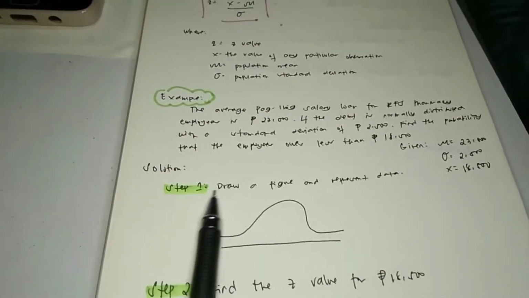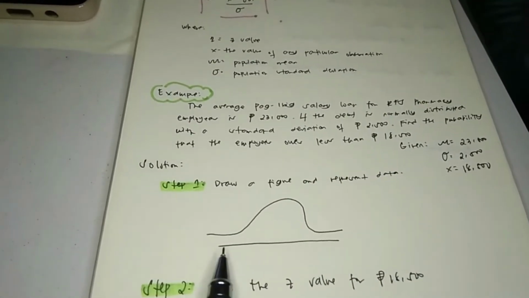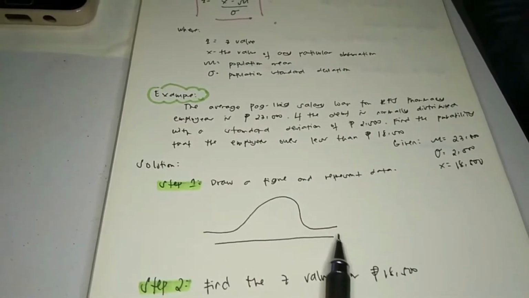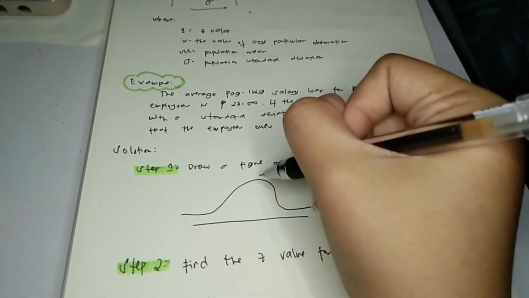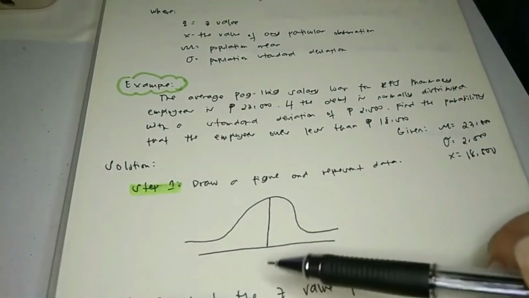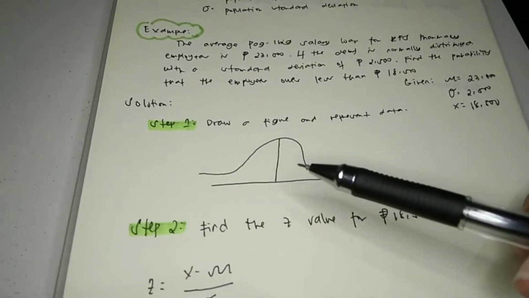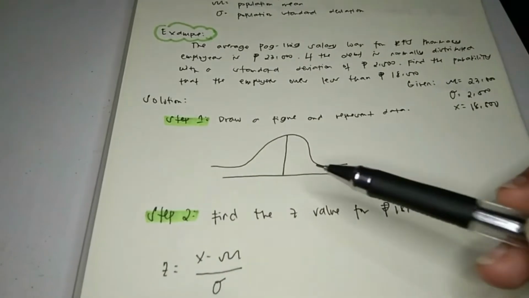Step 1. Draw a figure and represent the data. So, magdodrawing tayo ng normal distribution curve. Tapos, magdodrawing tayo ng line, dahil itong gitna na to, ito yung mean, kasi si mean yung highest point ng lahat ng value.